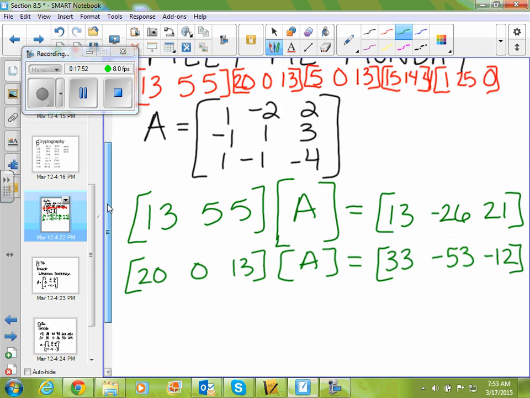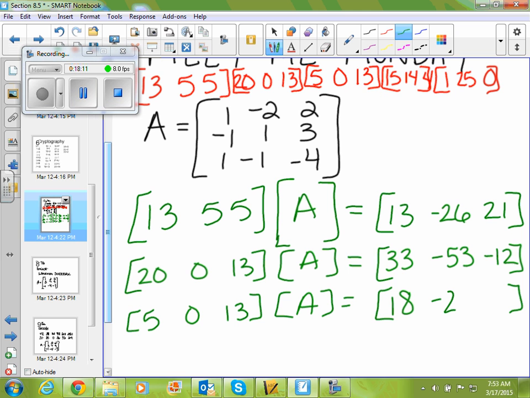Okay, and so if I keep going with 5, 0, 13 times matrix A, I get 18, negative 23, and negative 42.